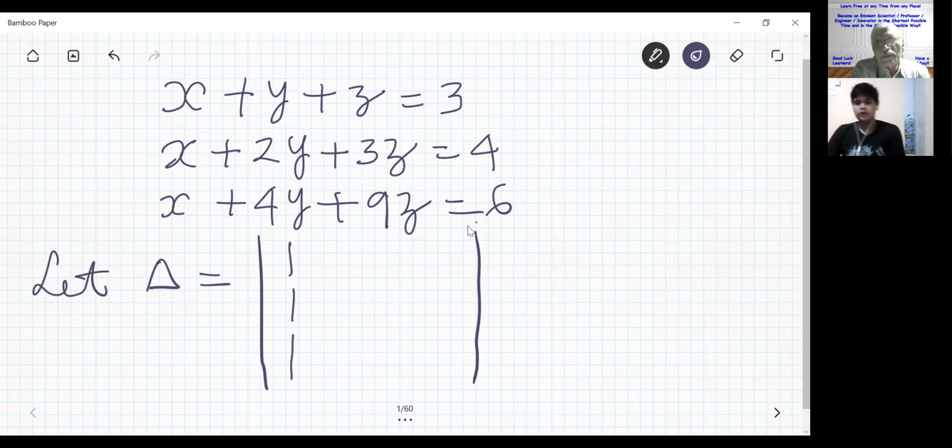Next is 1, 2, 4. 1, 2, 4 is coefficient of y. So I will write 1 here, 2 here, 4 here. Next will be 1, 3, 9. That is coefficient of z. So it is 1, 3, and 9.